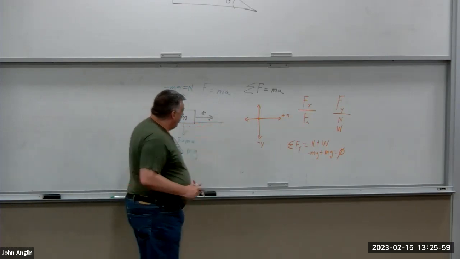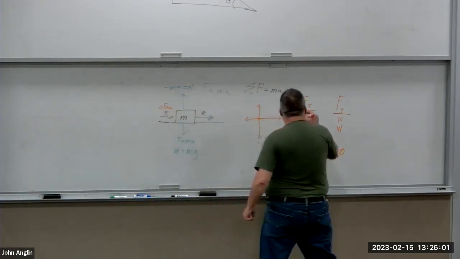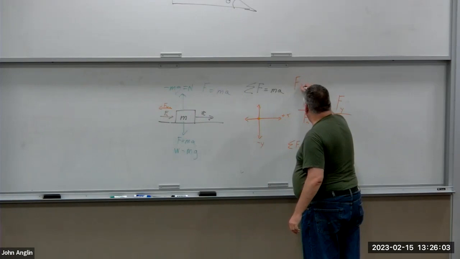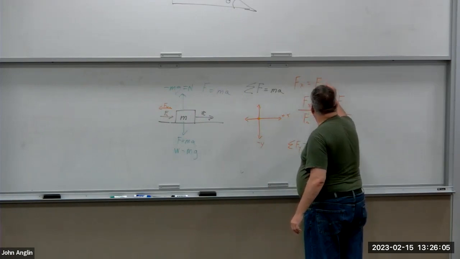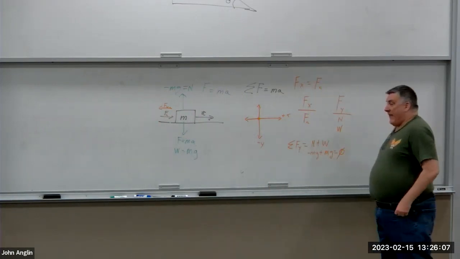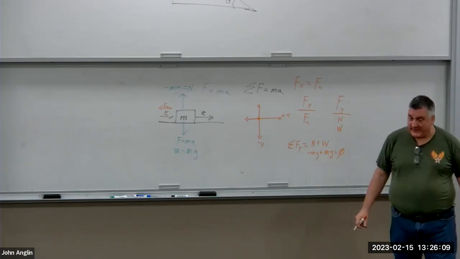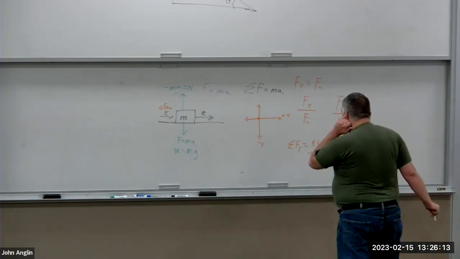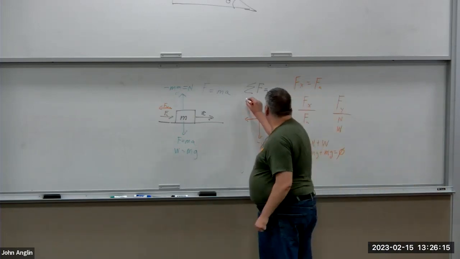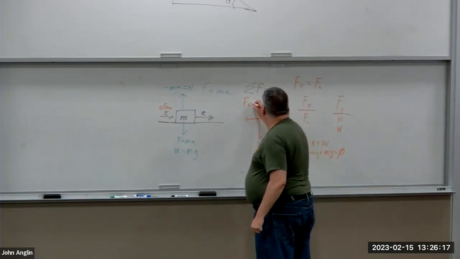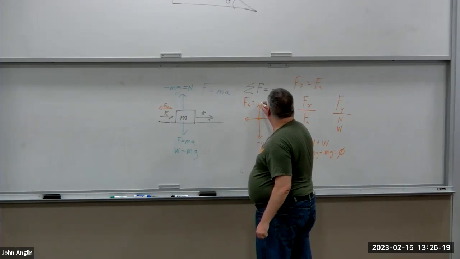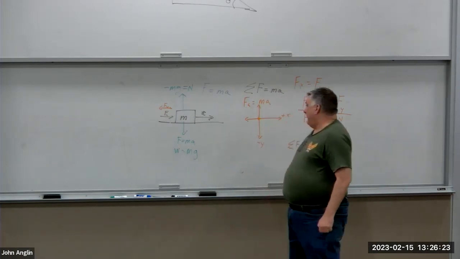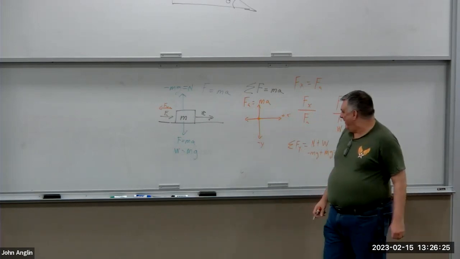So our forces in the x direction are that applied force. That's it. So then that means through Newton's second law that the applied force must be the mass times the acceleration.